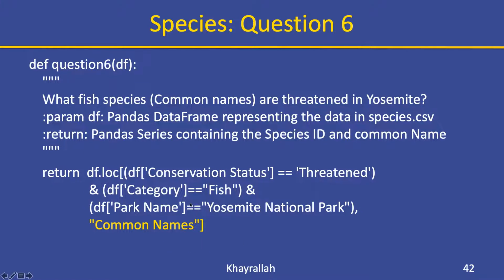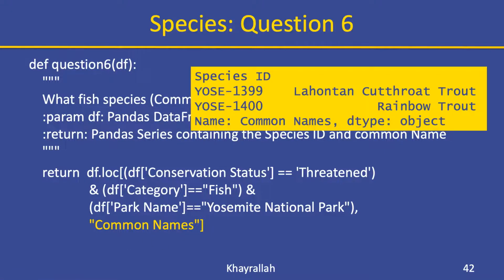So this is what we're doing here. But instead of specifying a single label, we are specifying a Boolean mask to select the row. So this here takes care of the row selection, and here we take care of the column selection. And this is the result we get. We get a pandas series here, and these are the two fish species that are found in Yosemite and that are threatened. So we have the cutthroat trout and the rainbow trout.